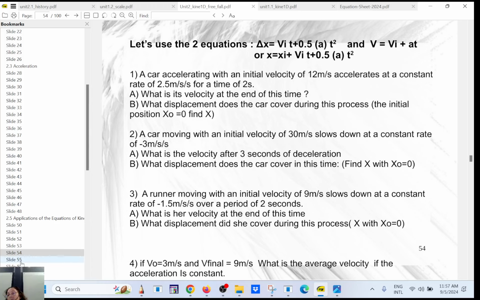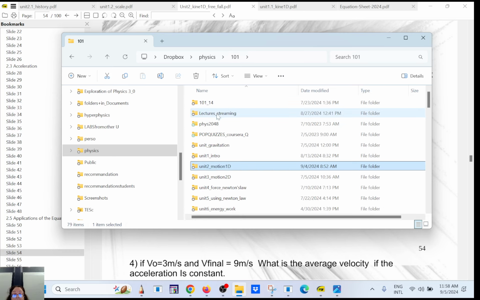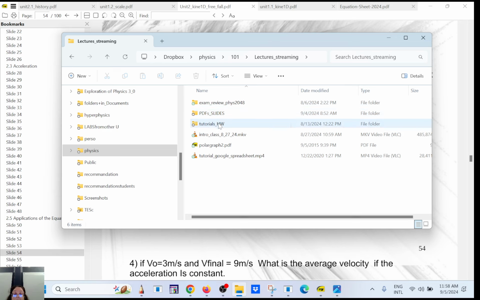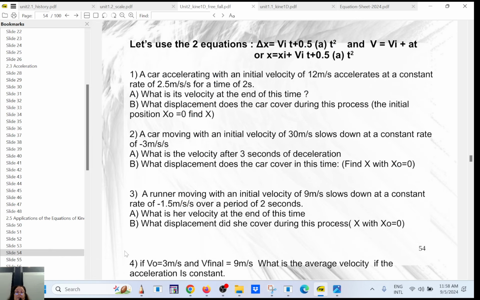You just have to figure out the number of the slide, because since I'm always updating my slides, it's not going to be exactly the same name, but you will find them. Tutorial, homework, PDF. Oh, it's in there. I keep adding stuff, removing stuff.